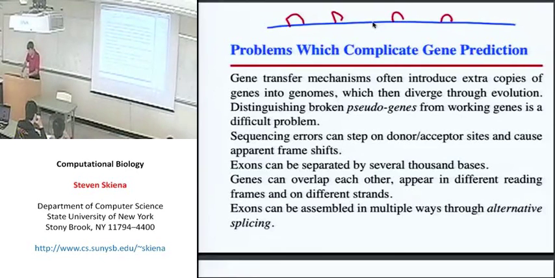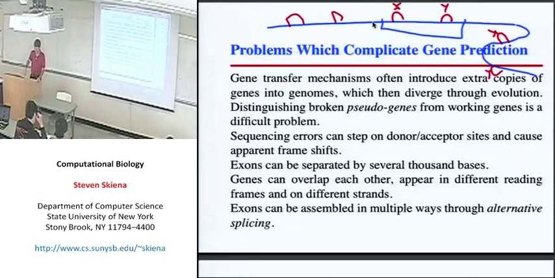Suddenly, for some reason, a portion of the genome is copied and inserted into the organism again. So now I've got 2 copies of each gene. If this was gene X and this was gene Y, after a copying operation like that, a recombination event, I would now have 2 copies of the same genes. And that's fine.